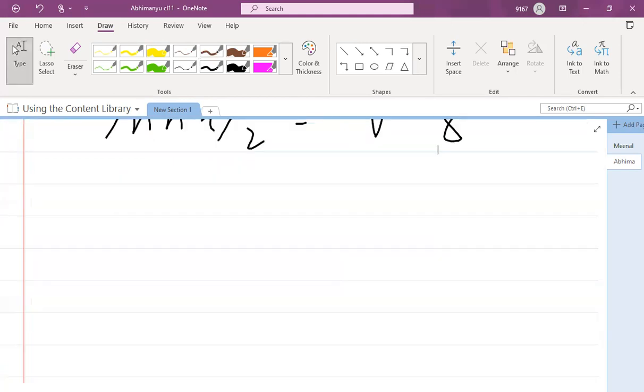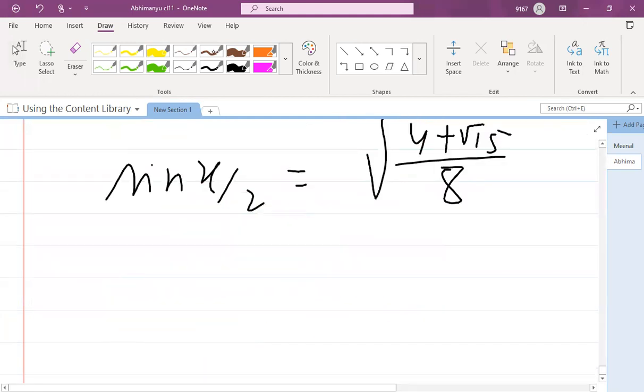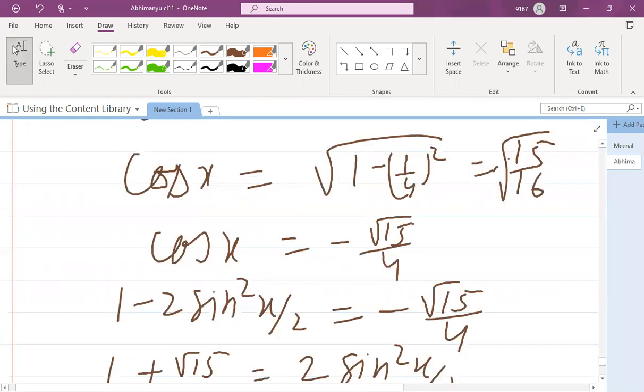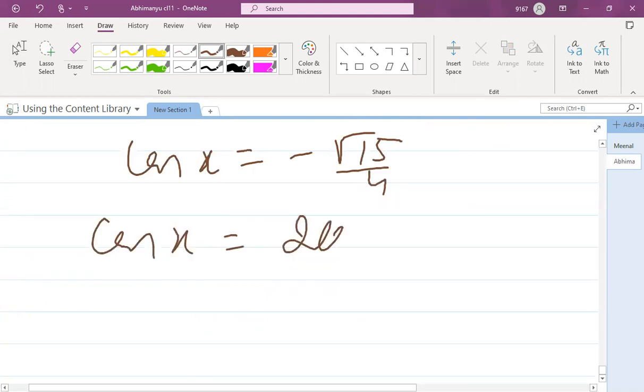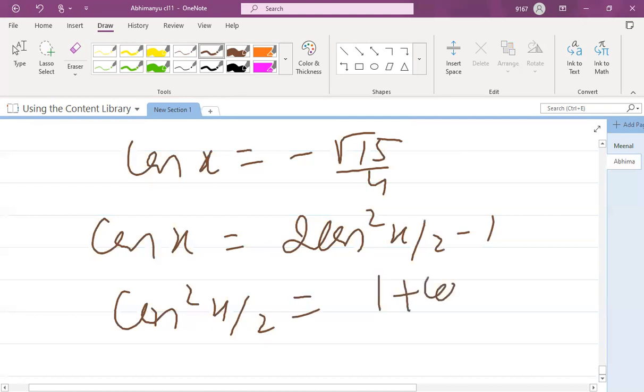And cos x by 2. For cos x by 2, we again use an identity. Cos x was what? Minus root 15 upon 4. And cos x is what? 2 cos square x by 2 minus 1. Actually, cos square x by 2 is 1 plus cos x upon 2. This is the identity.